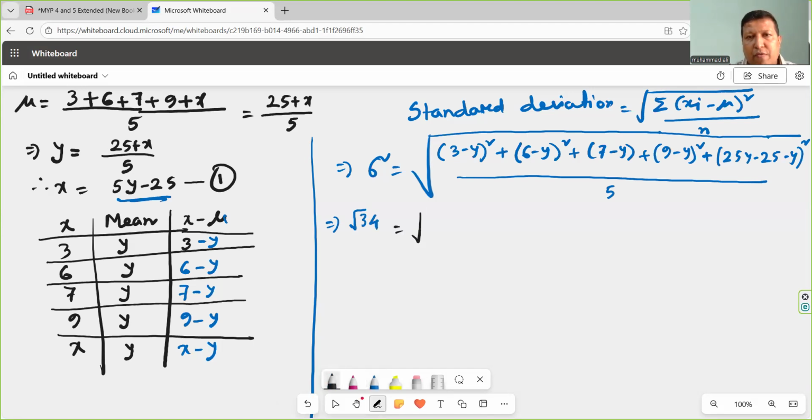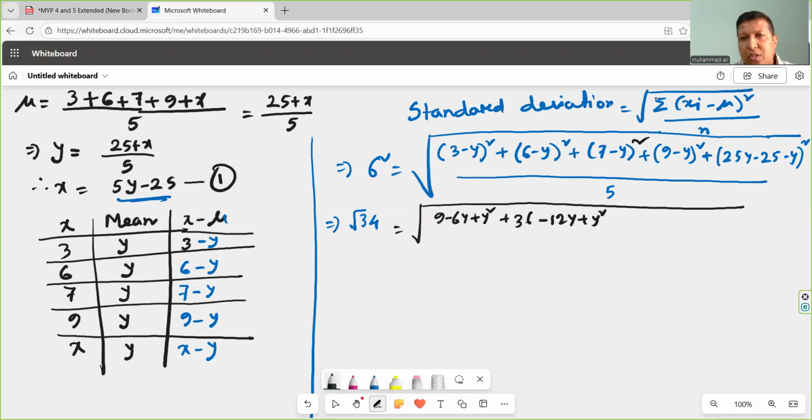So if we simplify these things, we get 9 minus 6y plus y square. This is 36 minus 12y plus y square. We just use the a minus b whole square formula. This is 49 minus 14y plus y square. This is 81 minus 18y plus y square.